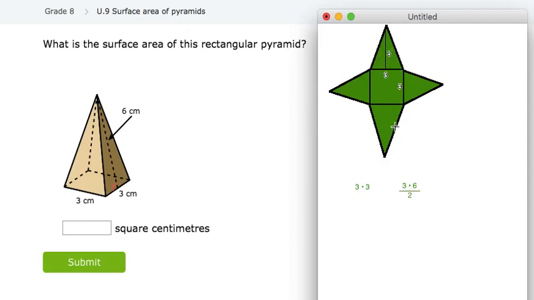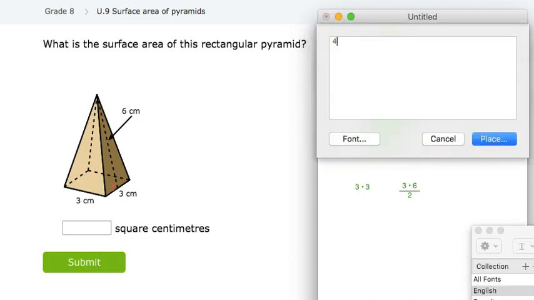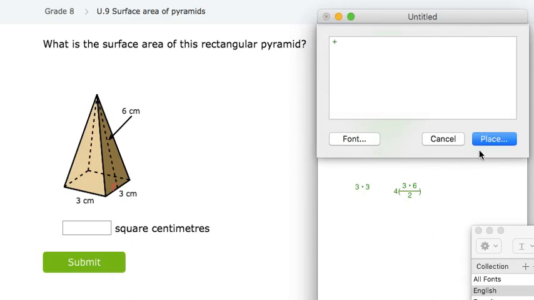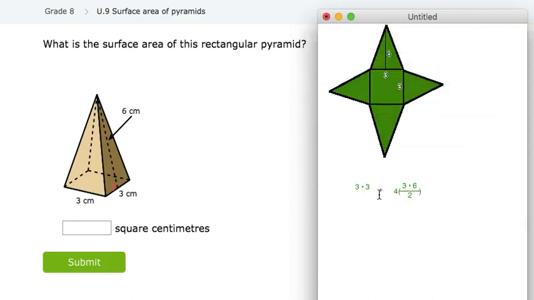But since there's 1, 2, 3, 4 of them, I can just put a 4 in front of this and multiply the area of my whole triangle to get the area of all 4 of them together. So I'm getting the area of the base here, and then I'm adding to it the area of those 4 triangles, and that's going to give me the area of my pyramid.